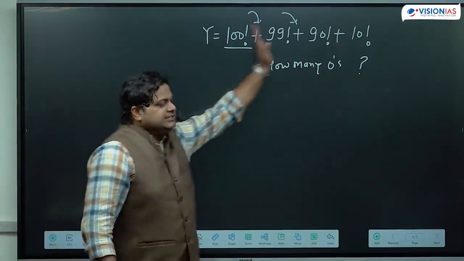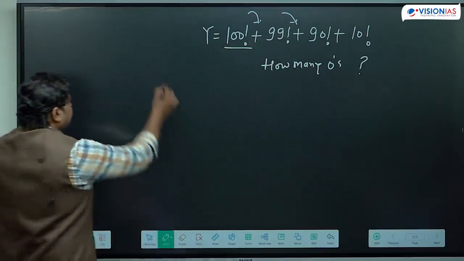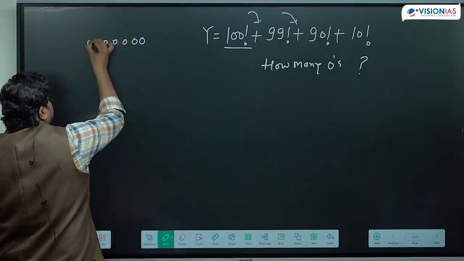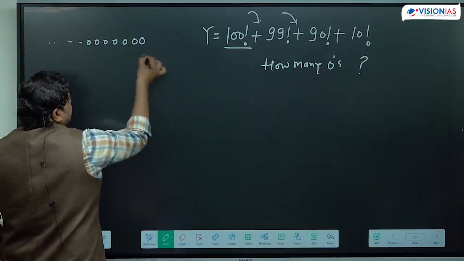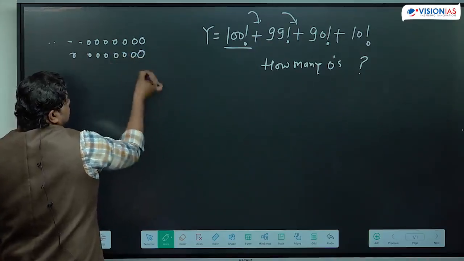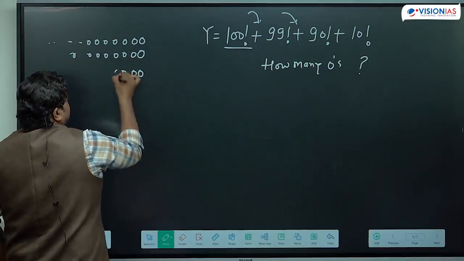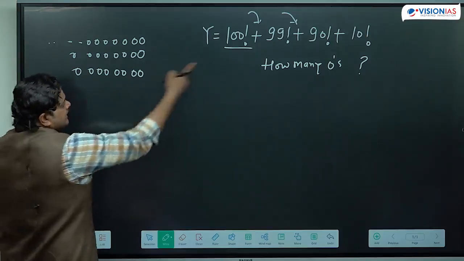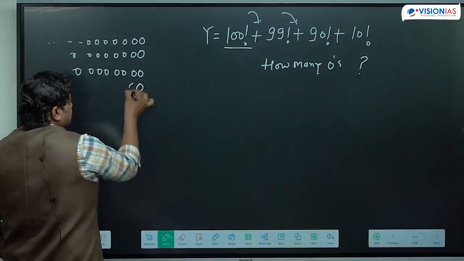We are adding these numbers. So in the first number what are we getting? So many zeros. Second number, so many zeros. Third maybe we are getting so many zeros. Then 10 factorial has 2 zeros.